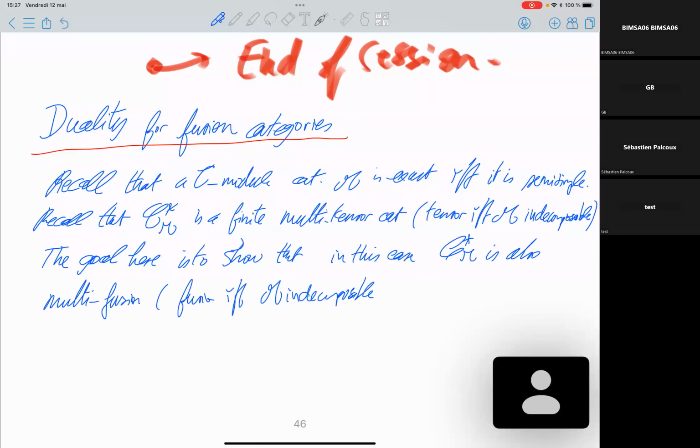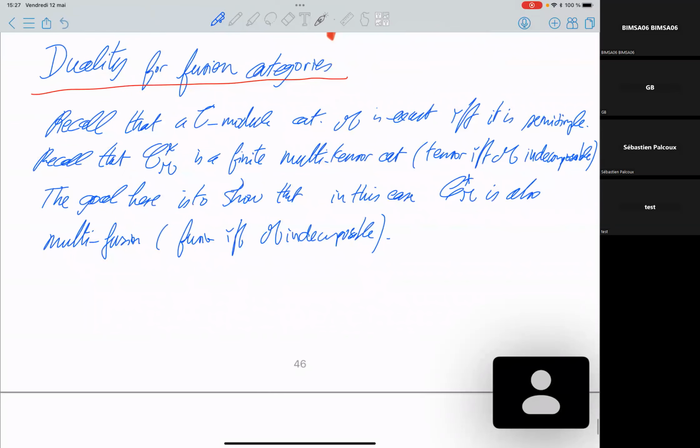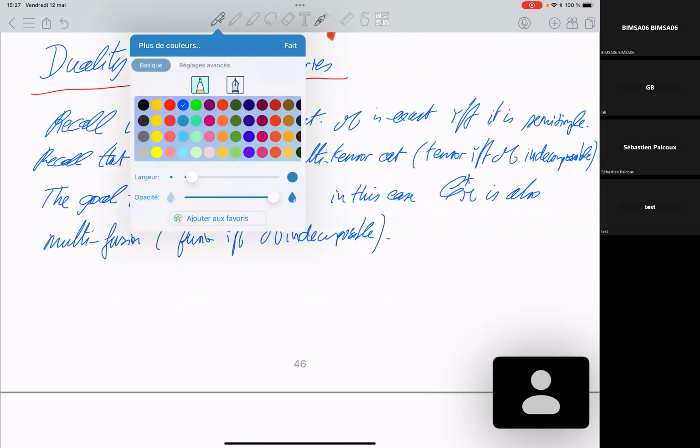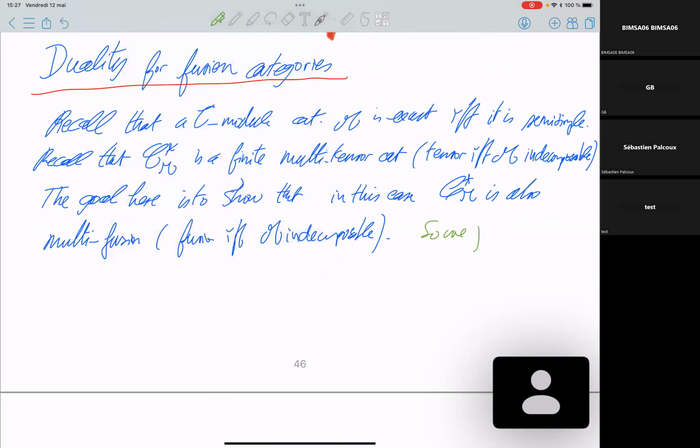So we just need to show semi-simplicity, because a finite tensor category is semi-simple if and only if it is fusion.